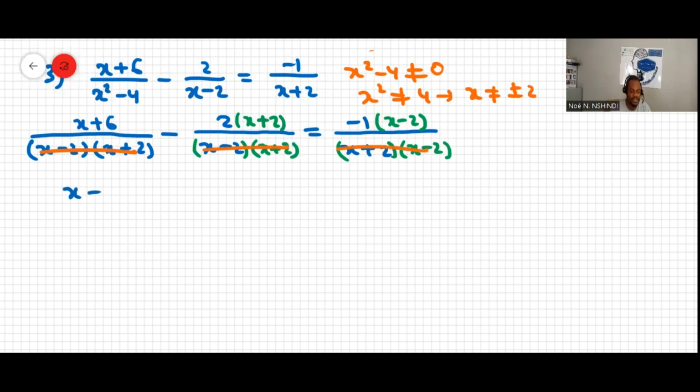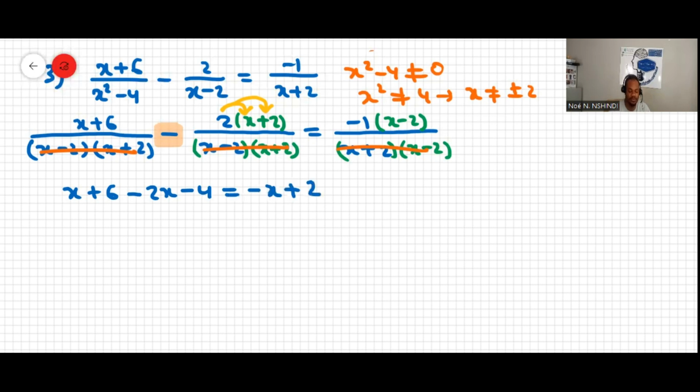So this is x plus 6 minus, and we need to be careful here. When we do 2 times that and 2 times that, we need to take account of the sign. So it's not 2, but negative 2, so negative 2x minus 4.